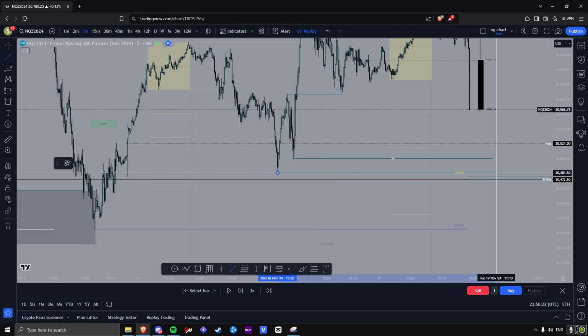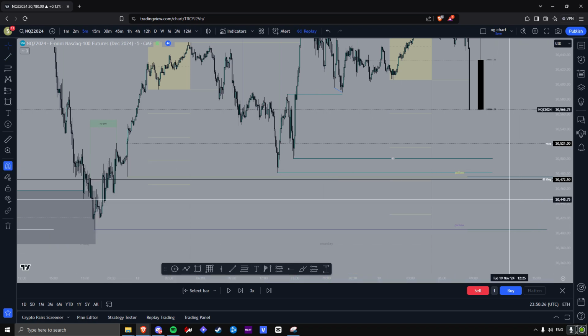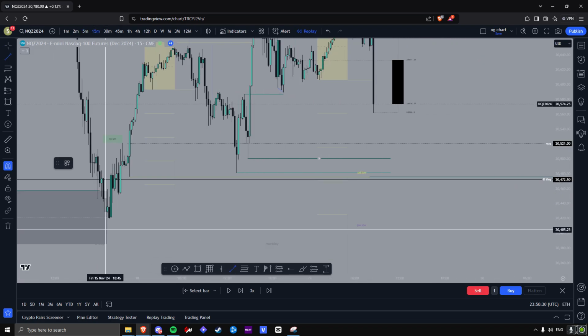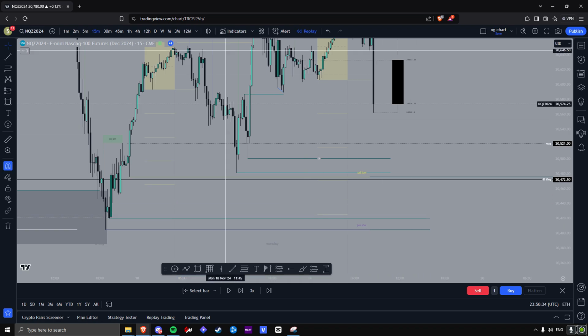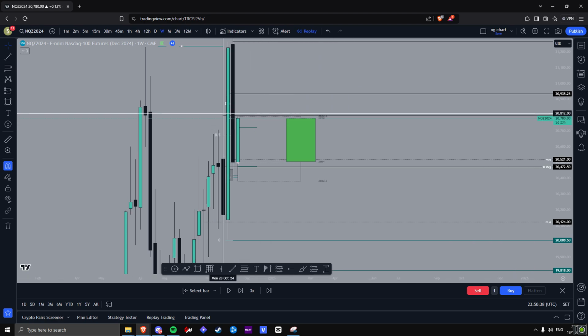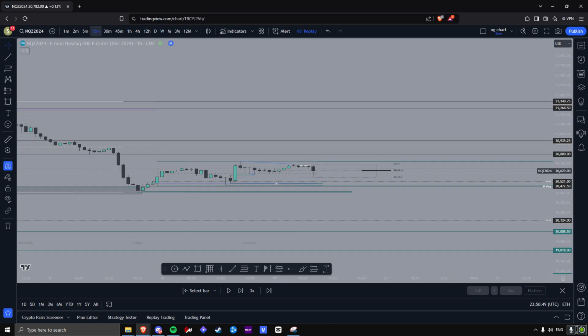So all of these are weak lows due to having no SMT. And it's also a Friday previous weekly low. And if we go onto the weekly time frame, which side of the weekly candle is price more likely to take, right? So it's more likely to take the bottom side of the other candle, right?